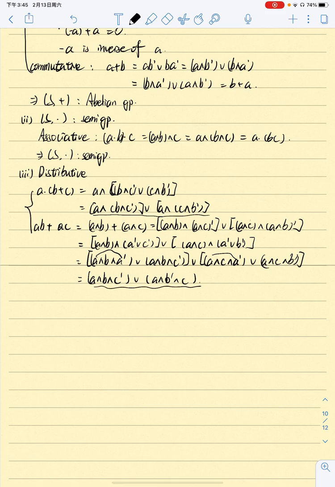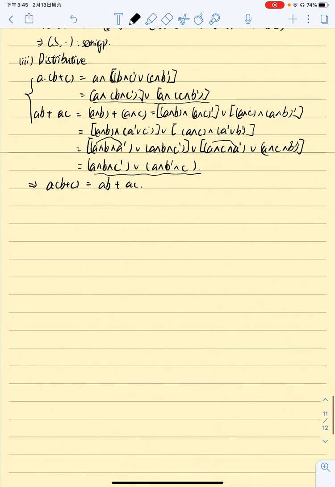So we can get A times (B plus C) equal to AB plus AC. And on the other side, (A plus B) times C equal to AC plus BC, as this is true by the upper result, right?